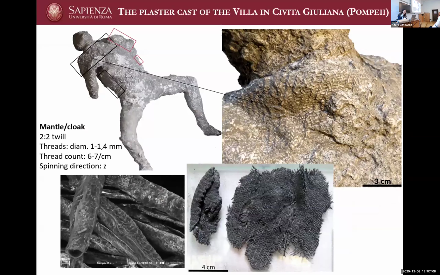Another interesting example is the plaster cast recently realized in Villa di Civita Giuliana, and we will see other interesting examples coming from this find spot. Here it's a man wearing a mantle or a cloak, an overgarment, realized in twill.